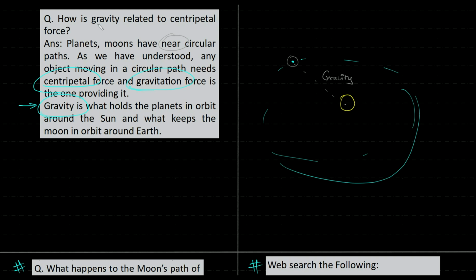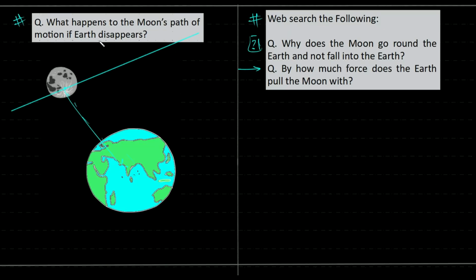This will help you understand the chapter better, so I would request you to write this down. This is left to you. If you feel like it, you can write it. If not, I'm sure you will not forget this answer. And web searching will help you understand the topic better. That's the main agenda, right? To understand something better.